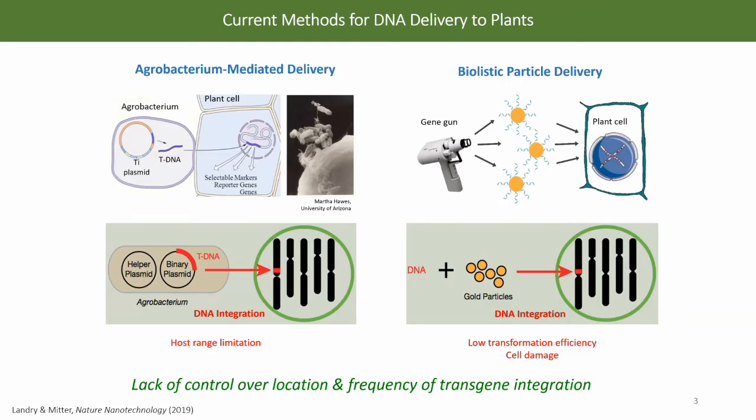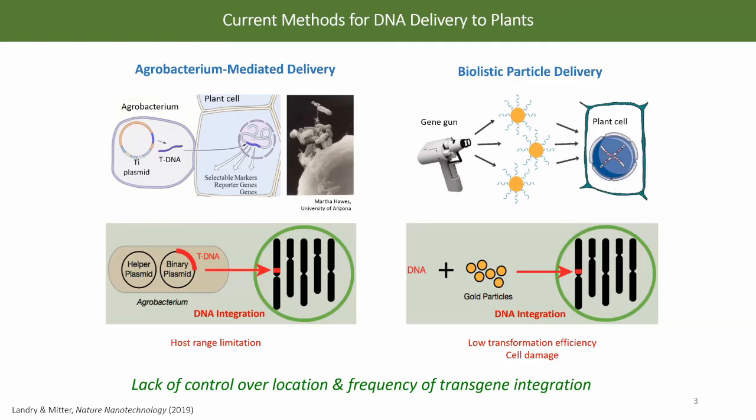So the advantage here is that we have a method that allows for cargo-independent delivery, whereas agro is largely confined to DNA delivery alone. The gene gun method, however, usually suffers from low transformation efficiency and cell damage due to the biolistic nature of the delivery, which can pose some challenges upon regeneration.